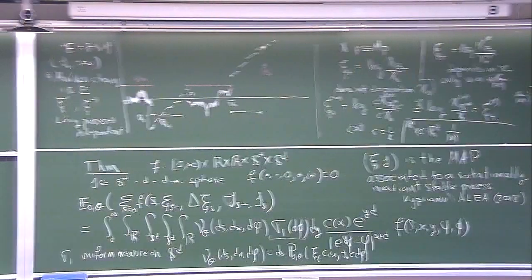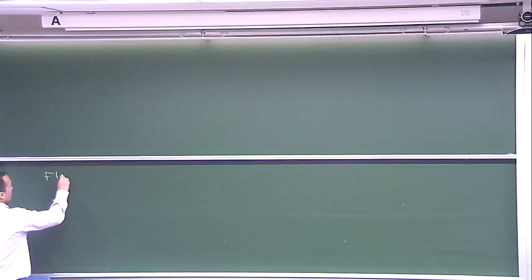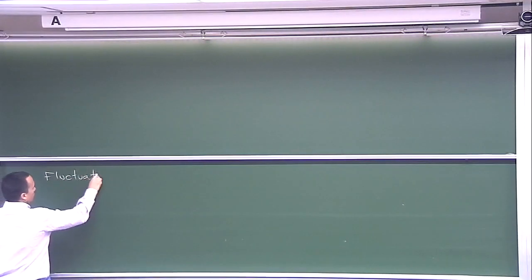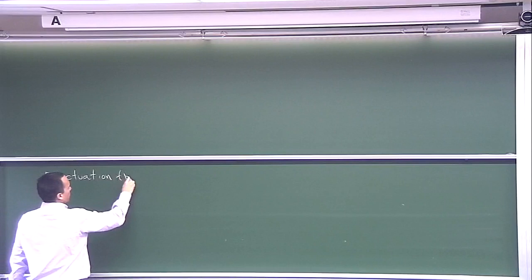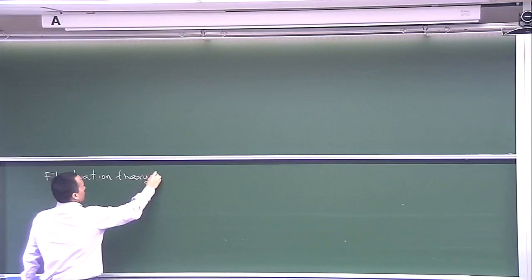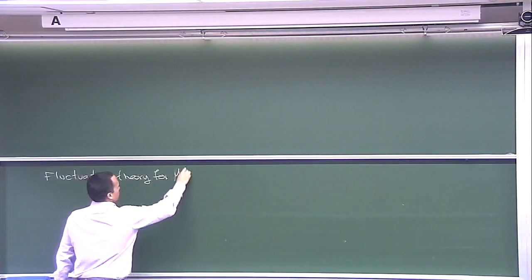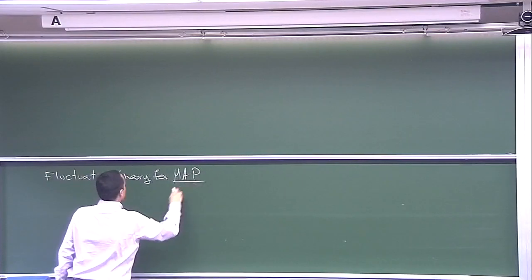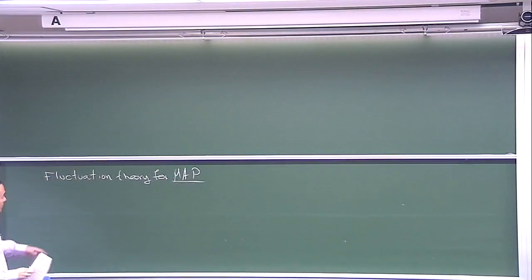One thing that is needed in the fluctuation theory for Lévy processes is duality.